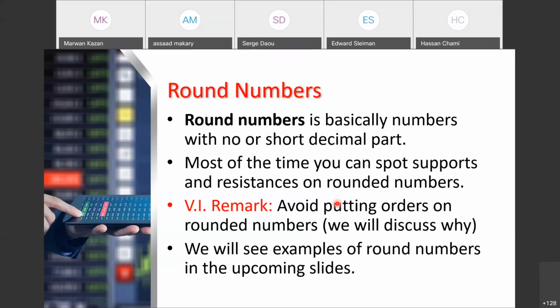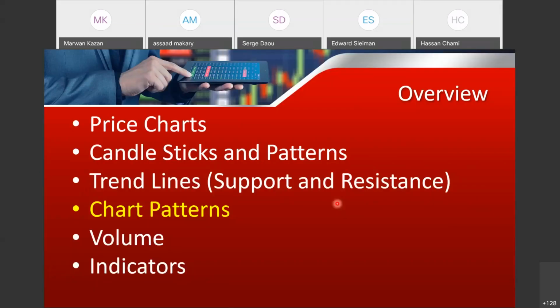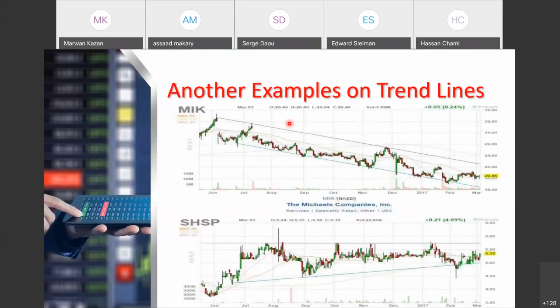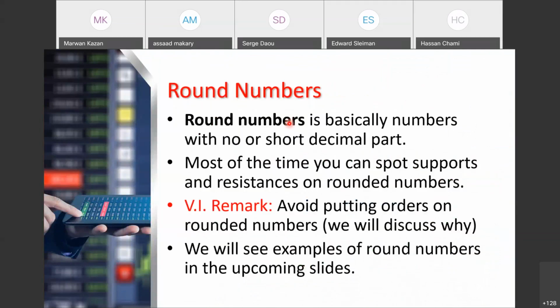Let's see some, and I'm going to give you a small tip. We're going to see round numbers later, but I want to give you a tip. Like all these guys, never put orders on round numbers. Why? Because, as we discussed in the last lecture, the exchanges are first come, first served.